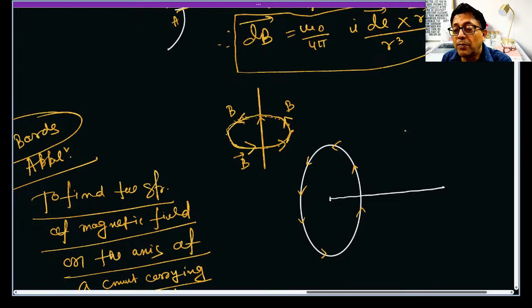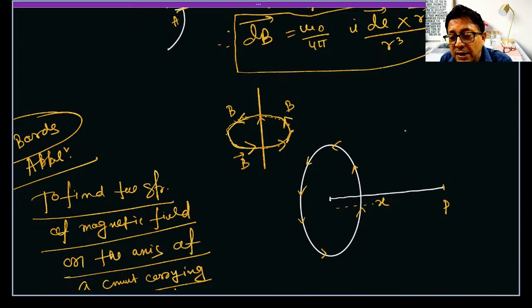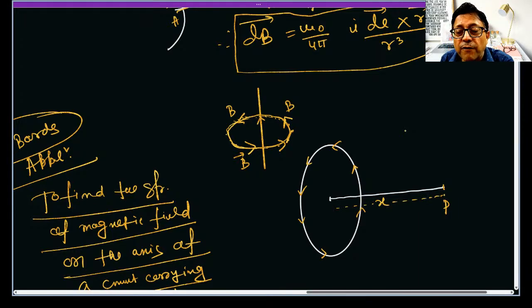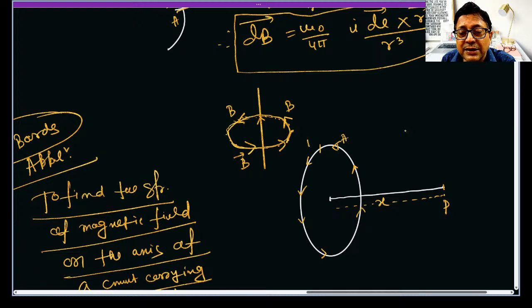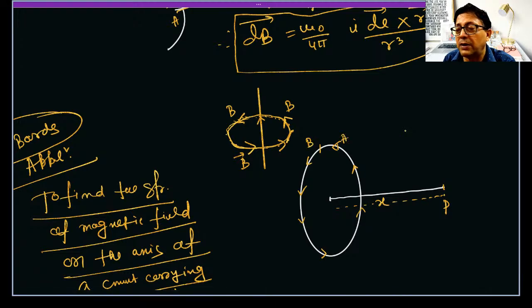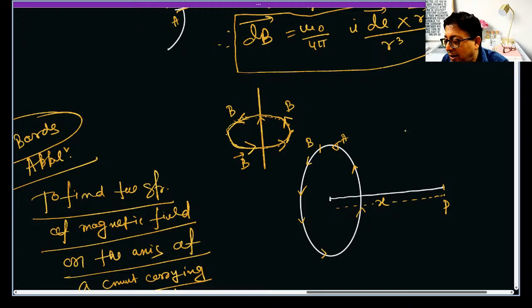So, to find the strength of magnetic field at the point P on the axis at a distance x from the center of the circle, we divide the wire into an infinite number of current elements.